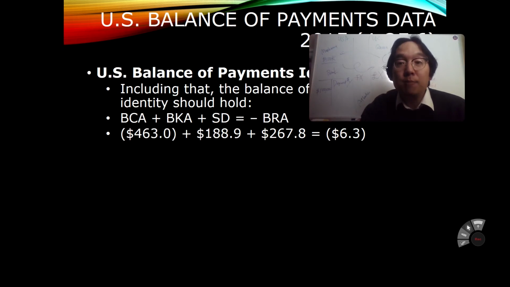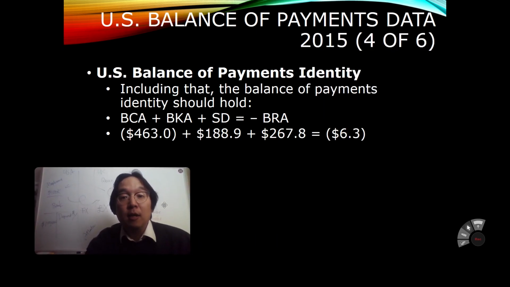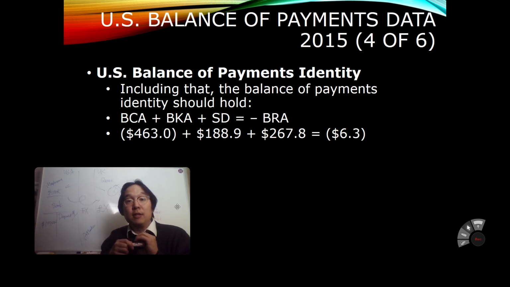And the US balance of payments identity works like this: your balance of current account plus balance of capital account plus statistical discrepancy should be equal to minus your reserves. What's that? Foreign currency reserves.